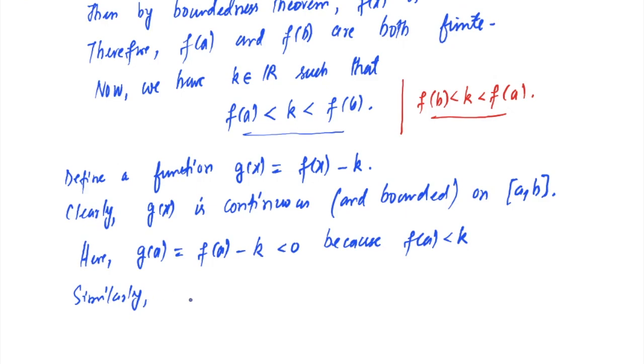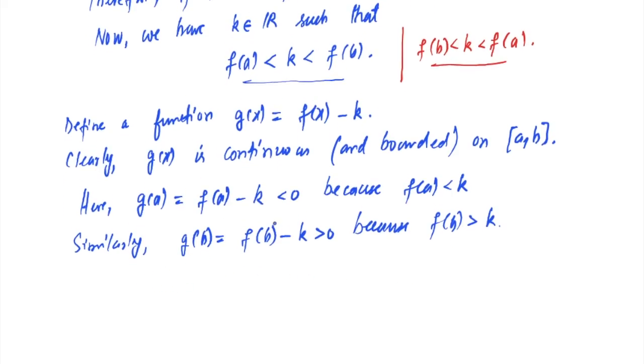Similarly, let's consider g of b, which is equal to f of b minus k. This is greater than 0 because from the above equation we have f of b is greater than k. Therefore, g of a and g of b have opposite signs.